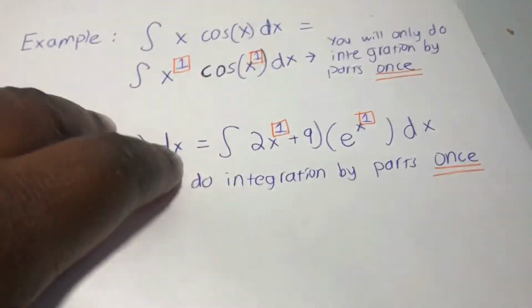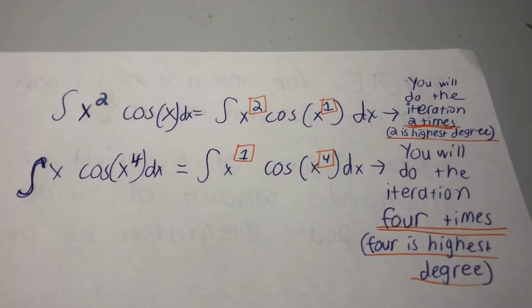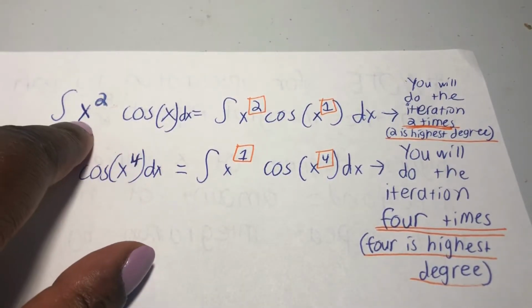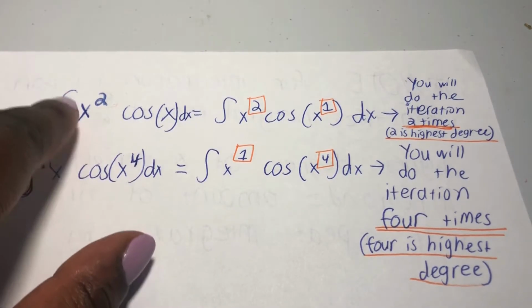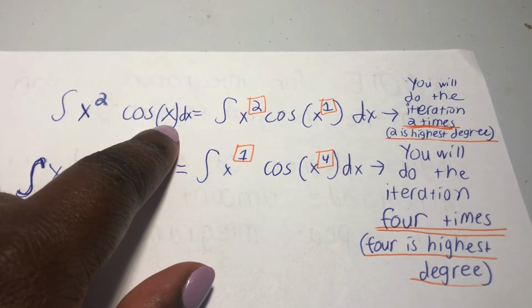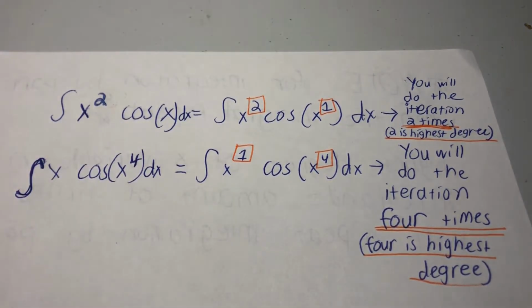because it was to the power of 1. If it was something like this, for example, the third example when we did the reiteration, the x squared times cosine x dx. I can't remember, but that's not important. Let's just use this.